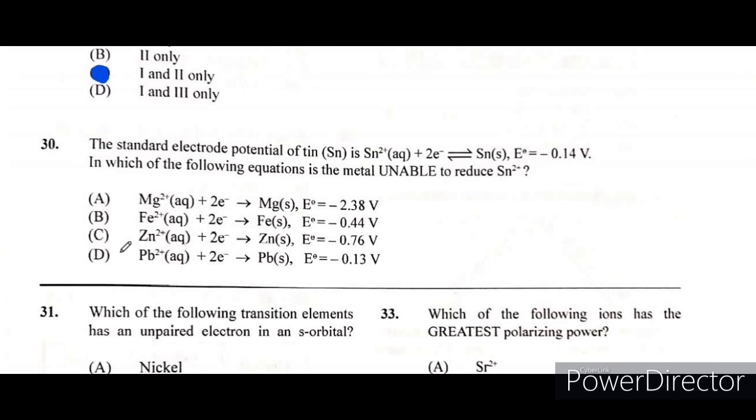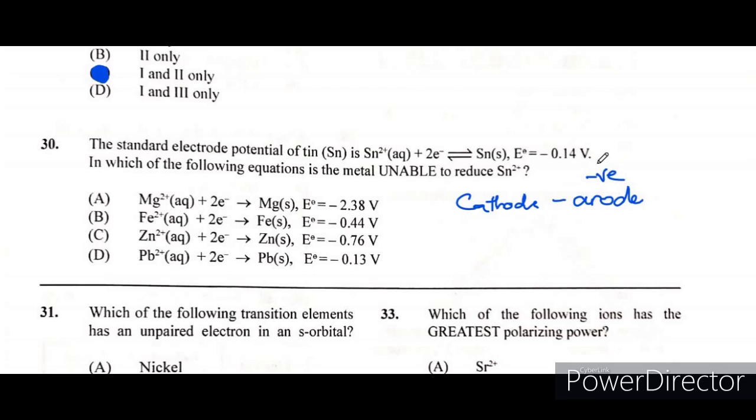So 30, the standard electrode potential of tin, with the E0 value being equal to minus 0.14 volts. Yes, so that would be cathode. Cathode minus anode, which is the more negative. That's how I think about it. More negative electrode.